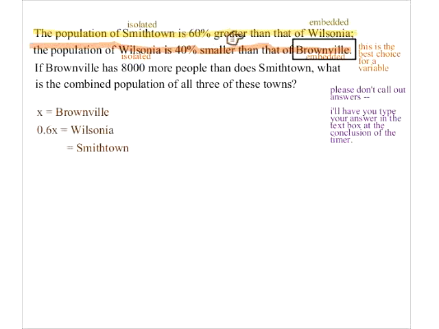Smithtown is 60% greater than Wilsonia. So it's actually 1.6 times Wilsonia. So that is 1.6 times 0.6x, so this is 0.96x.